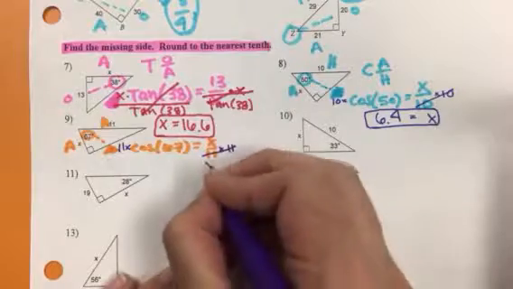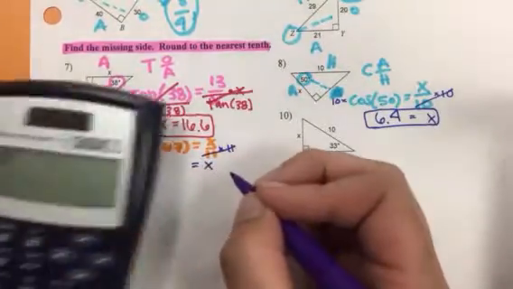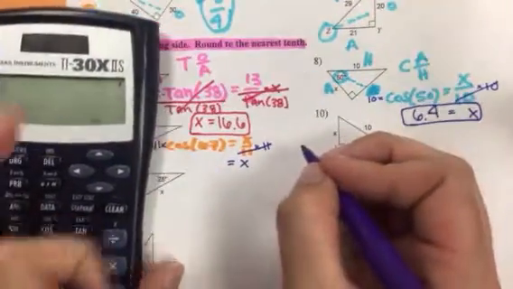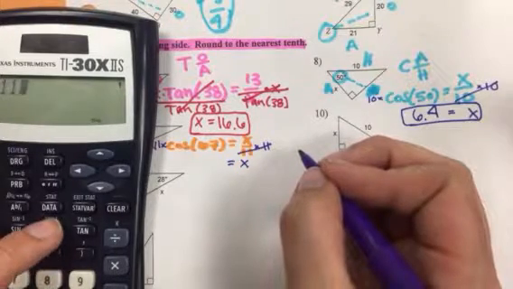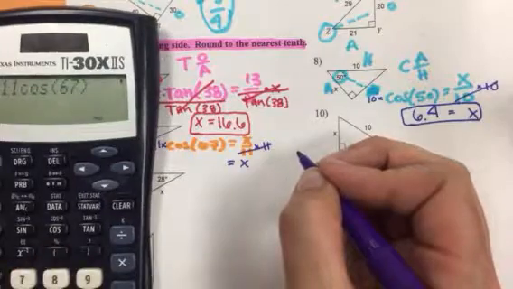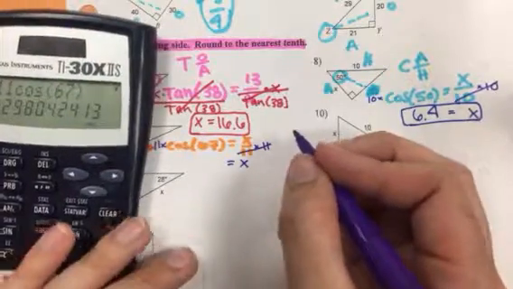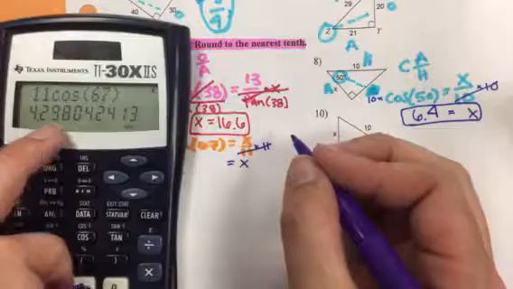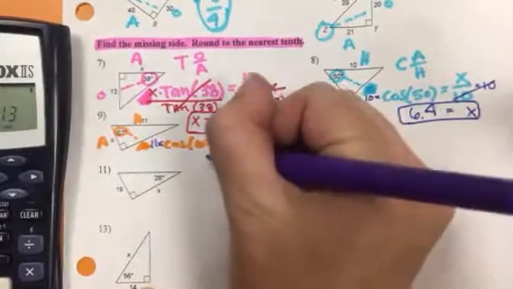That cancels out, so x is equal to 11 cosine of 67. Now because it's 4.29, I have to round it up to 4.3.